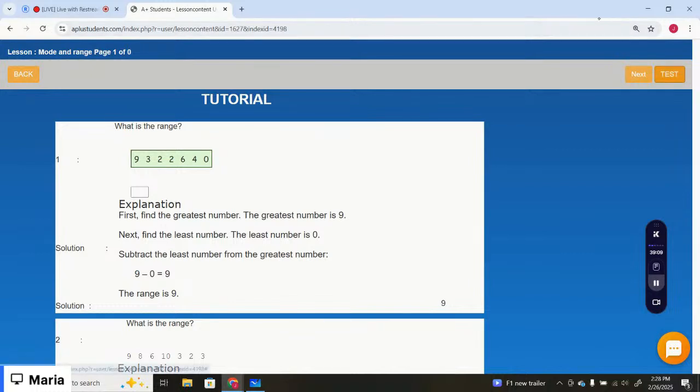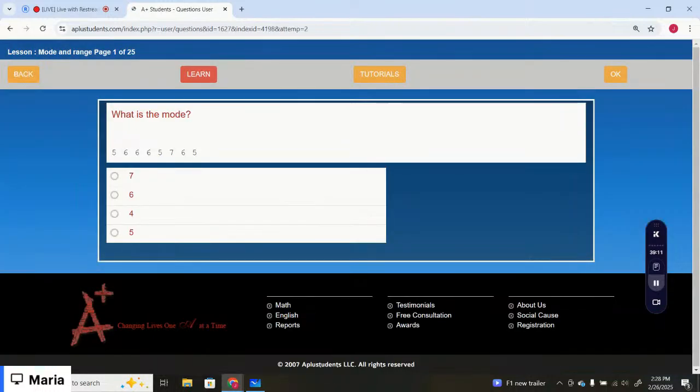Okay, let's start with the test questions. What is the mode? Mode is the number that appears most of the time in the given data. So you have to look for the number that appears the most in the given data.